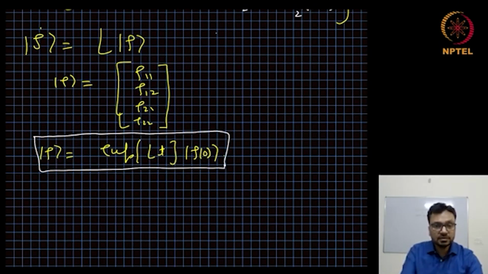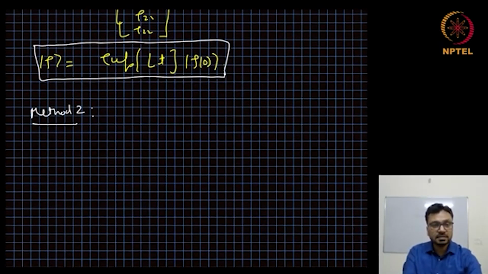The second method to solve the master equation is the following. Let us consider the Bloch representation of the density matrix of the two-level system. It's half times identity plus R dot sigma, where the R vector is the vector of expectation values of the sigma matrices.